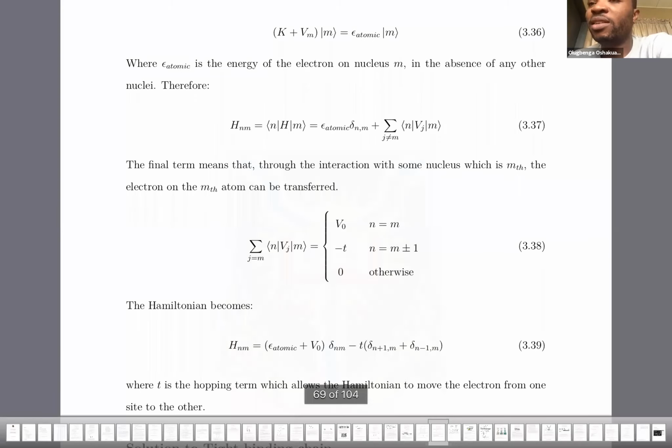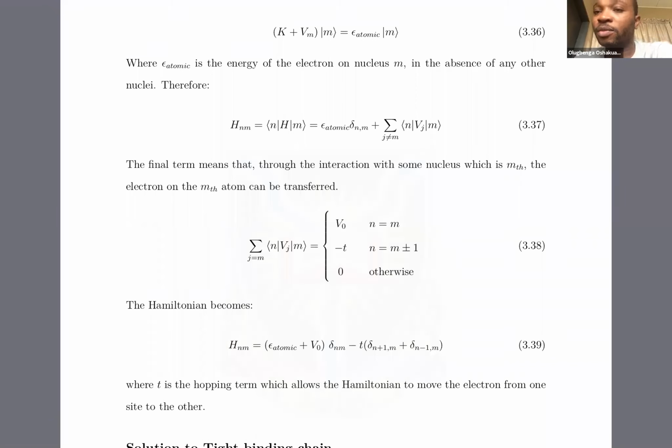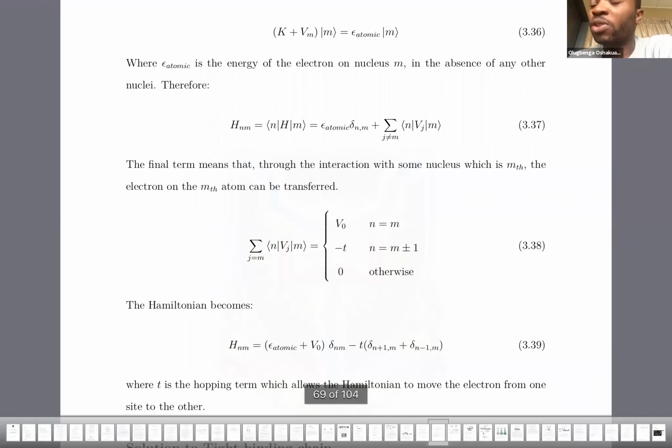So when n is equal to m, we have V naught in equation 38. When n is not equal to m and n is not greater than m by 1, we would have 0. But when we were talking about covalent bonding, it was either V naught or 0.